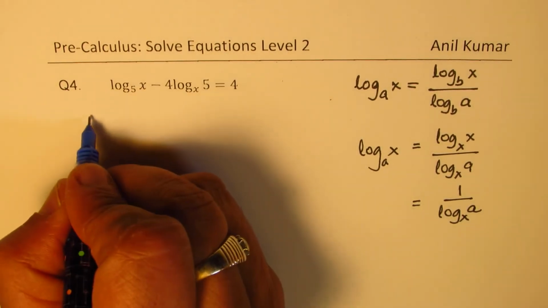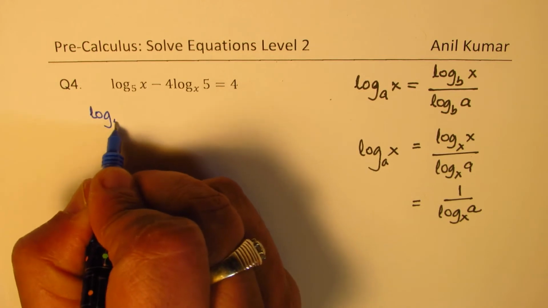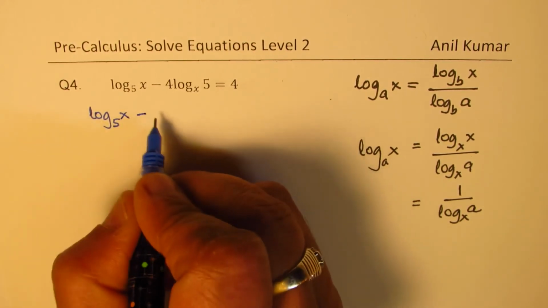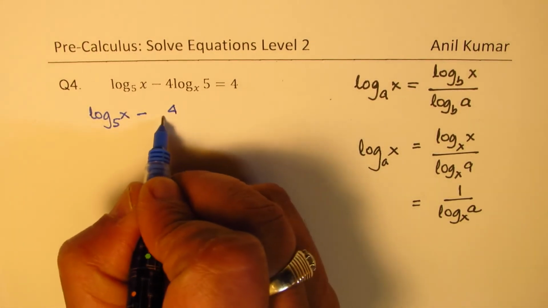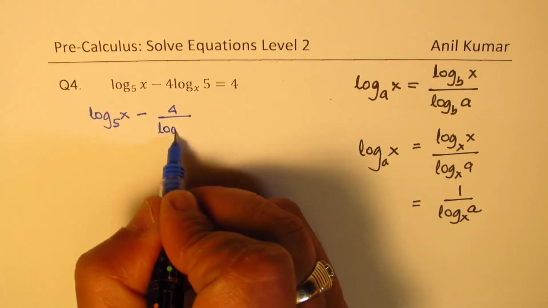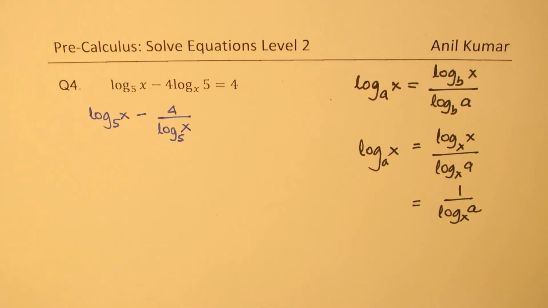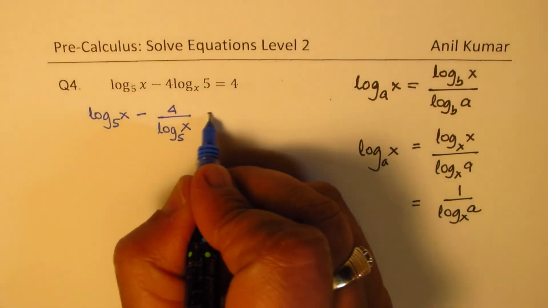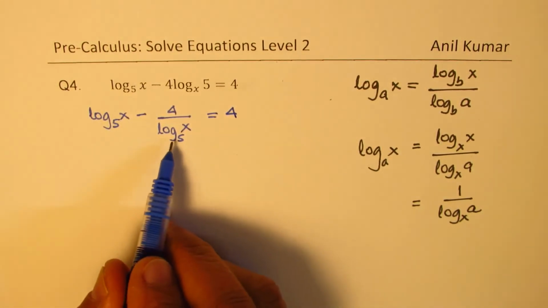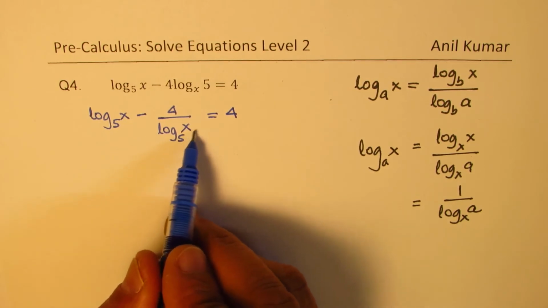So we can rewrite our equation as log to the base 5 of x minus 4 over log to the base 5 of x, right? This is a reciprocal, right? Just as we showed here. Now let's multiply by log to the base 5 of x.